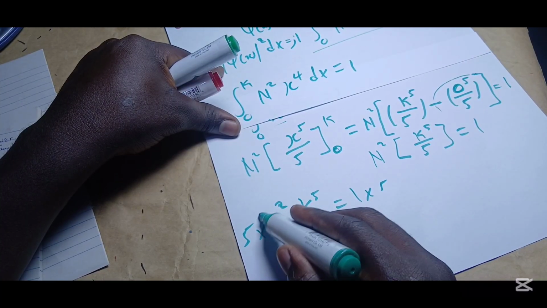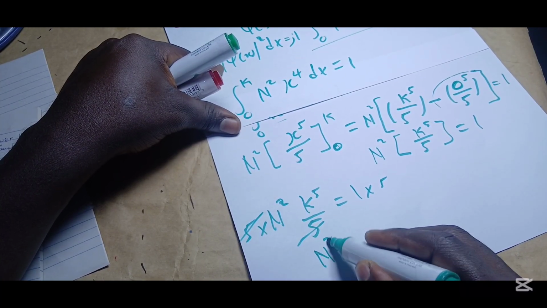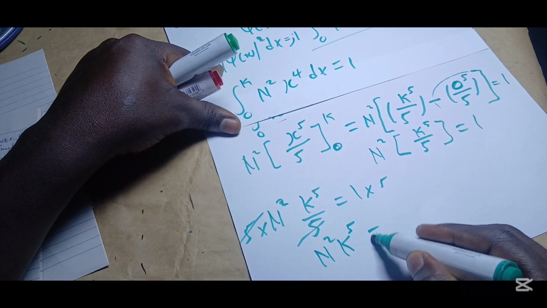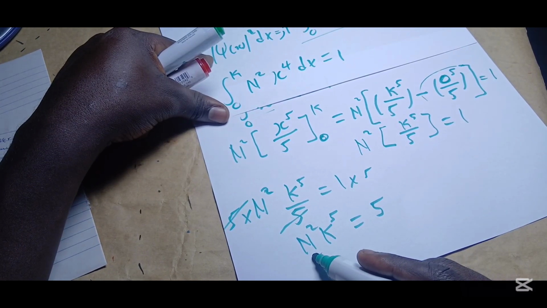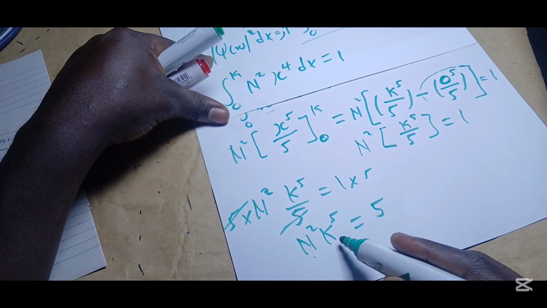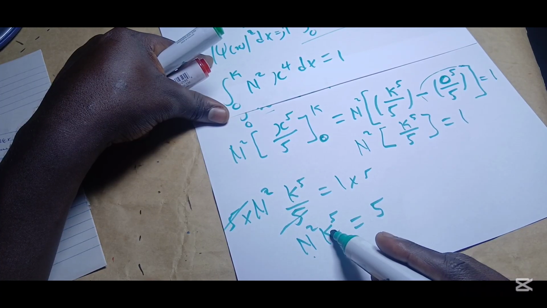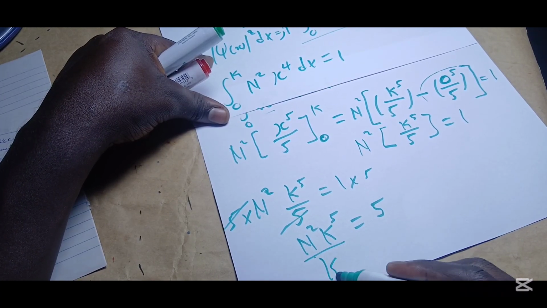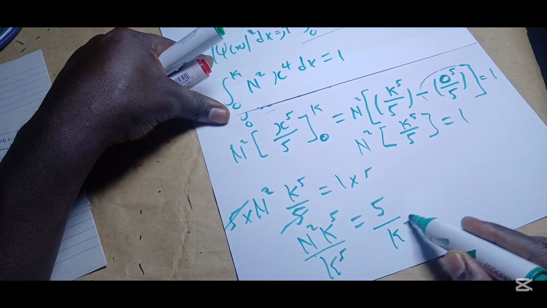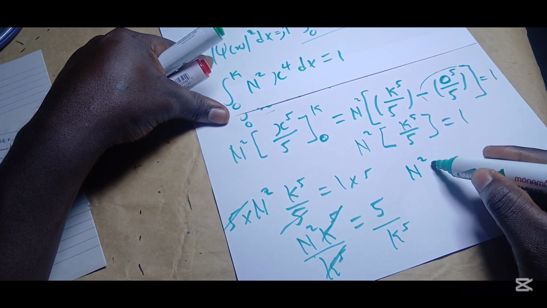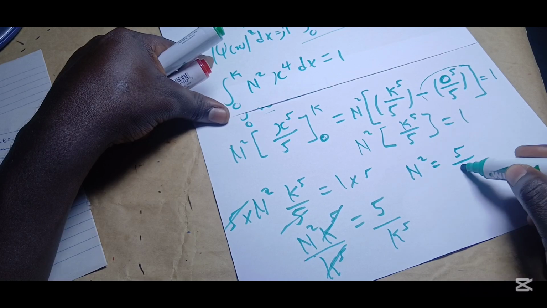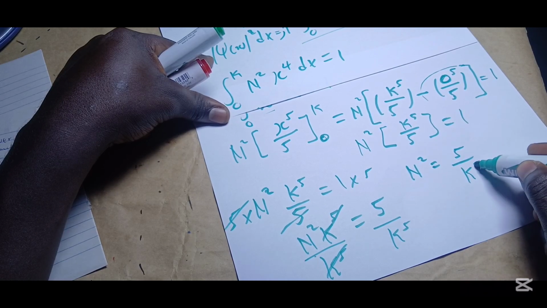So this 5 will take care of that 5. So we are going to get n squared k to the power 5 equal 1 times 5, which is 5. We are looking for n squared. So let's divide both sides of the equation by k to the power 5. So doing so, k to the power 5 over k to the power 5 will take care of that. So we're left with n squared equal 5 over k to the power 5.